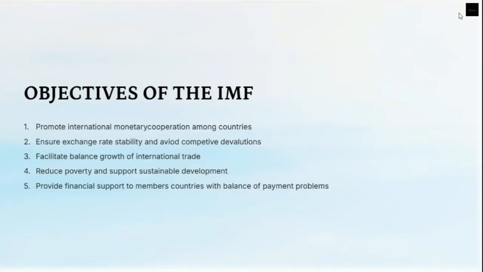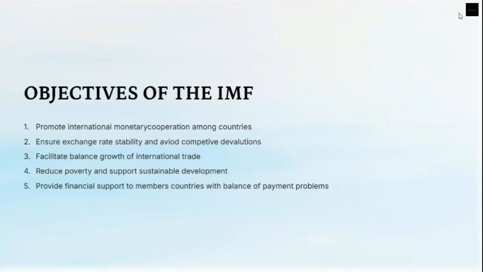Balanced growth of international trade. The growth should be well balanced. So they promote balanced growth of international trade worldwide. Then reduce poverty and support sustainable development. I don't know if you guys have heard about this sustainable development, the SDGs.